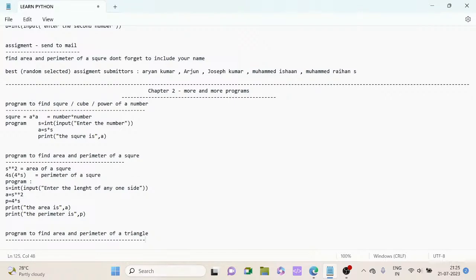Okay, so now let's continue. So, program to find the area and perimeter of a triangle. So first thing is the area of a triangle.